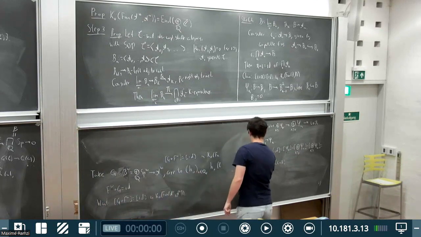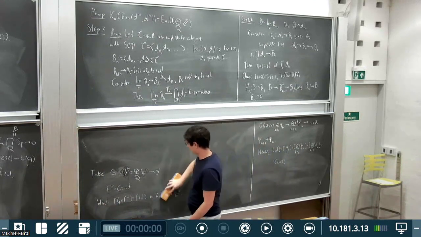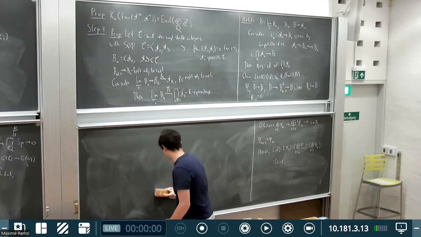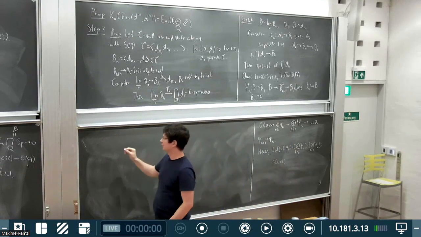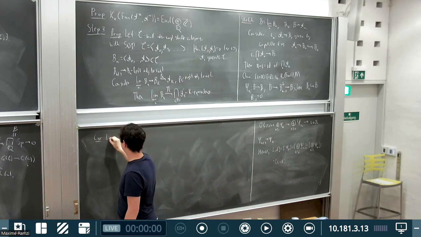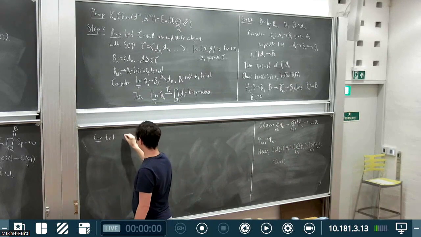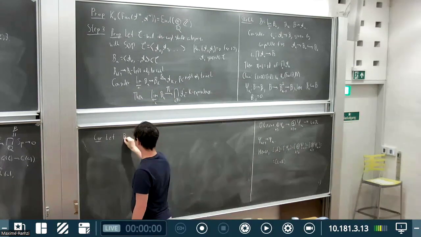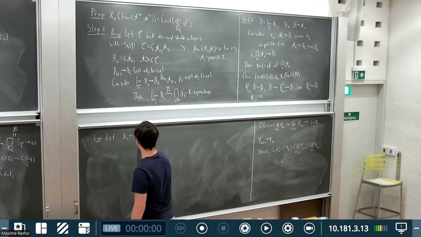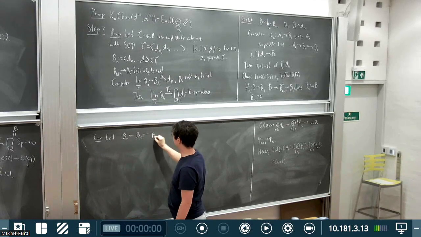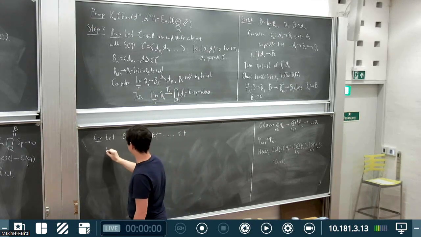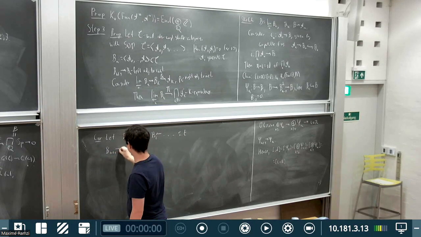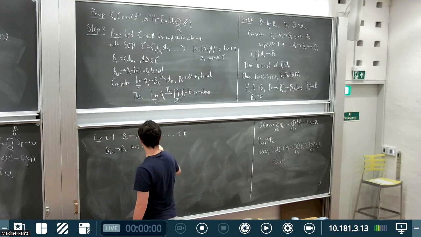So now, let's observe some implication of this completed semi-orthogonality. So the corollary is that, suppose that we have some inverse sequence of small categories B0, B1, B2, and so on, such that each functor Bn plus 1 to Bn has a fully faithful right adjoint.